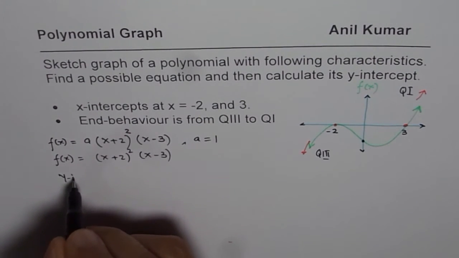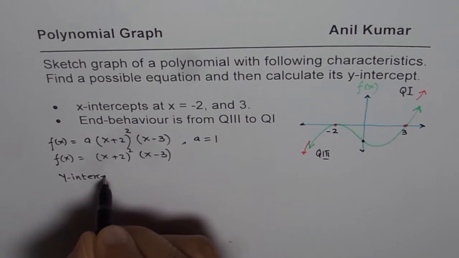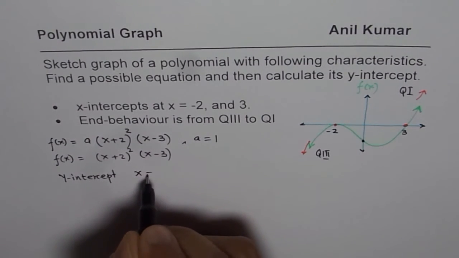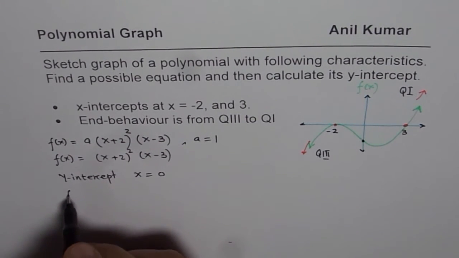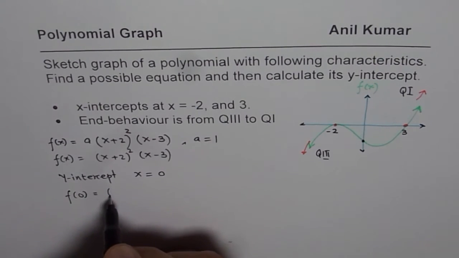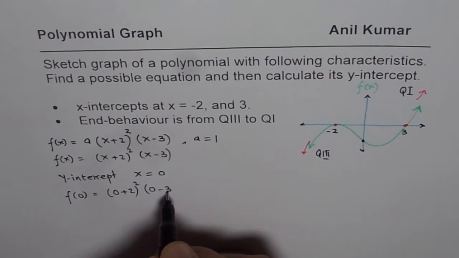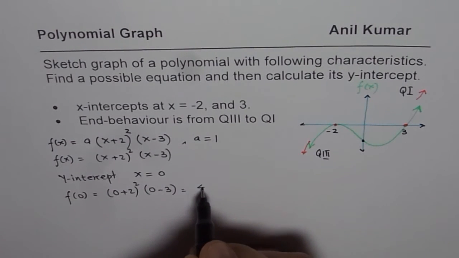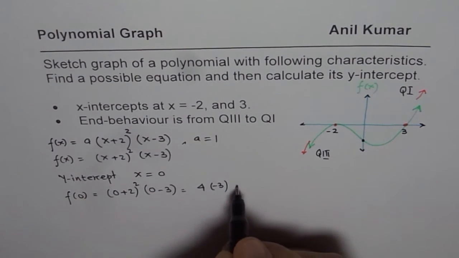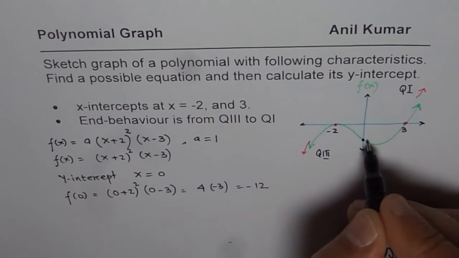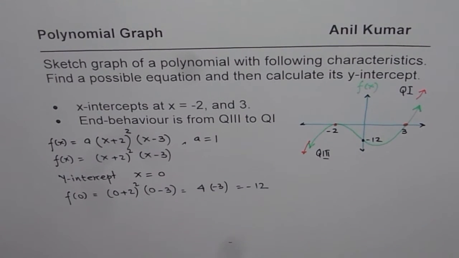So for the y-intercept, x is equal to 0, correct? We'll write f of 0 as equals 0 plus 2 whole squared times 0 minus 3, which is 4 times minus 3, or minus 12. So this intercept is minus 12. That becomes our y-intercept.